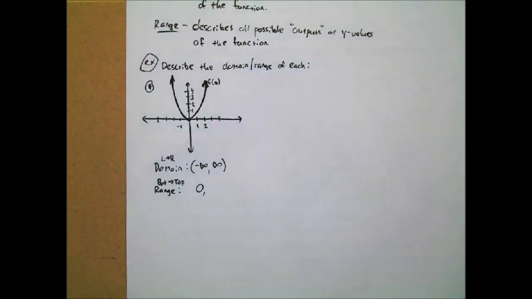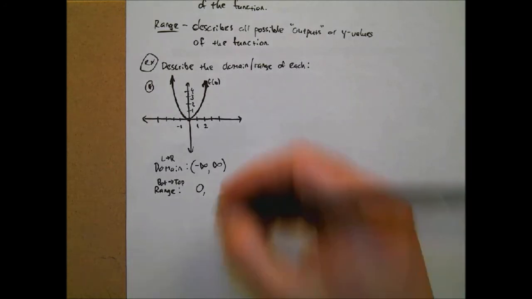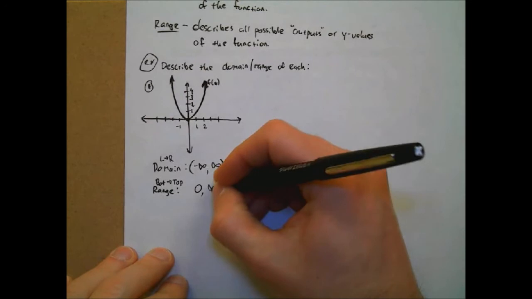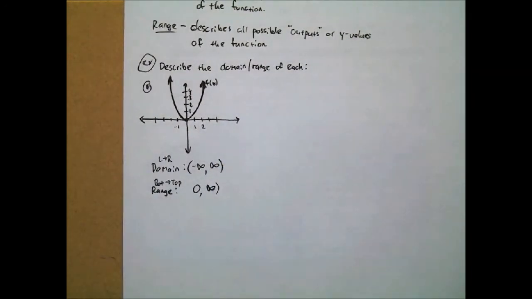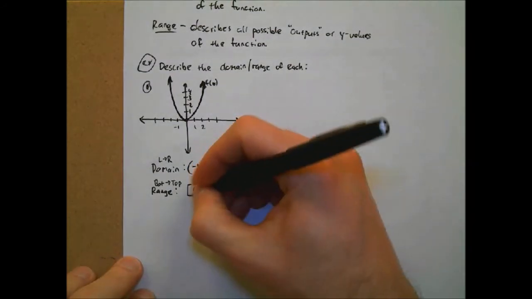And what's our highest point? Positive infinity. We never get to infinity, so we'll use a round parenthesis there. Do we get to 0? Yes, include it. We do get to 0.